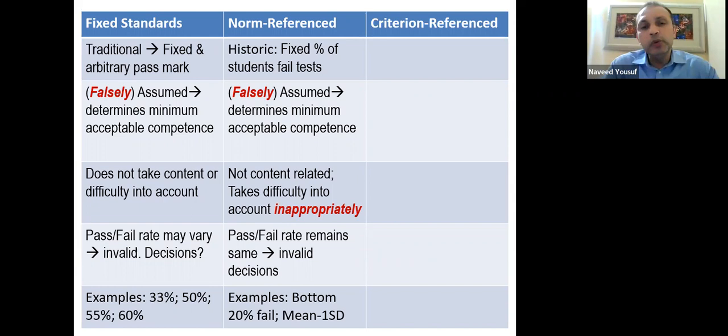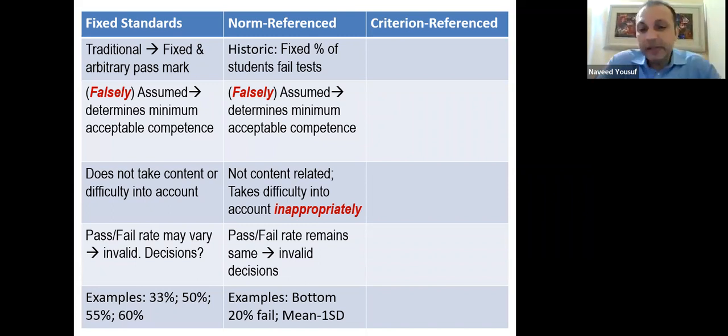But since you are using a norm-based method, you will still only fail 20 and pass all in an invalid way. Or suppose you give a very easy exam based on very basic must-know content. And again, you fail only 20%. Or you give a very difficult exam and you again fail only 20 bottom percent. So it does not make sense.